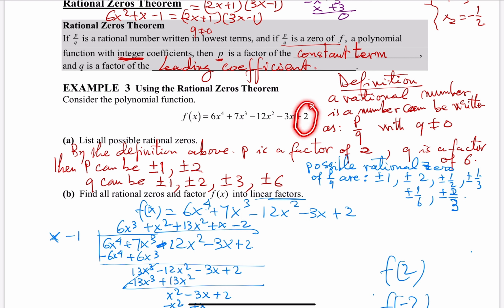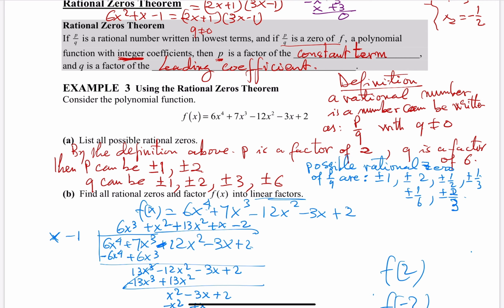Here we have a constant, then P is a factor of the constant, and Q is a factor of the leading coefficient. Be careful here. The leading coefficient is the one with the higher degree, which is 4. The leading coefficient then is 6, and Q is a factor of 6. So that's why I did this one here. P is a factor of 2 and Q is a factor of 6.